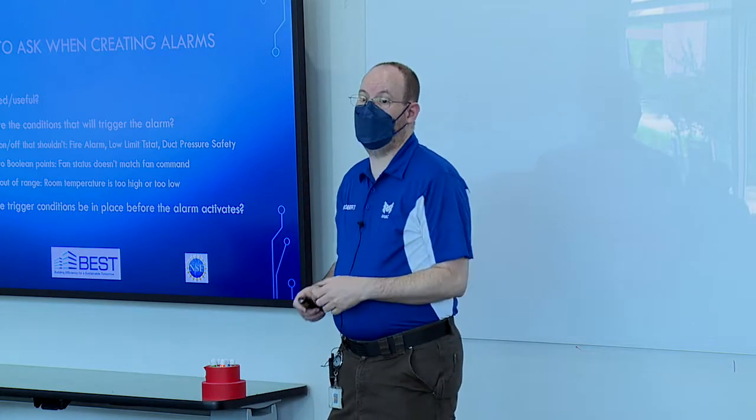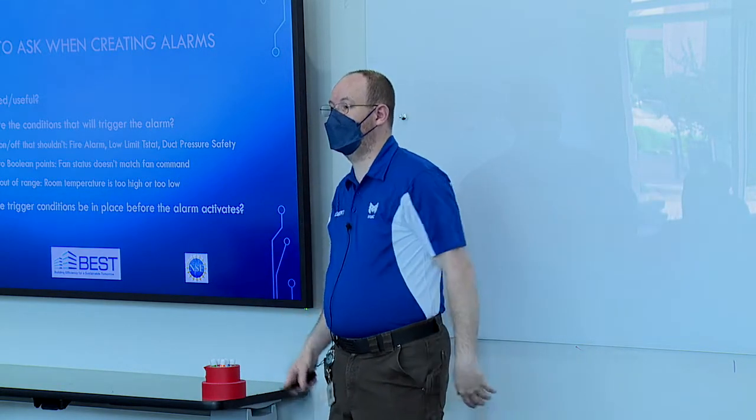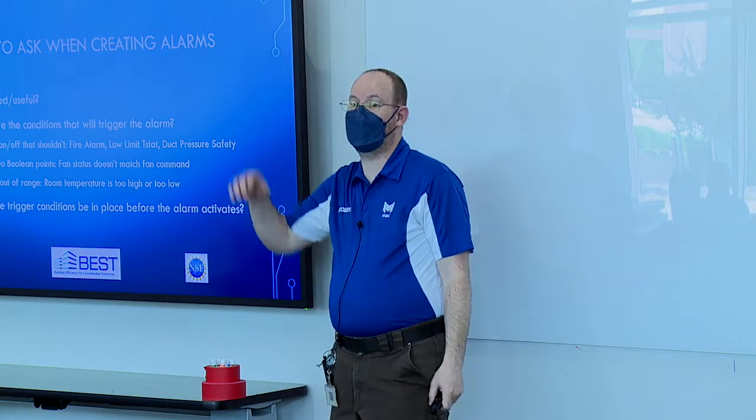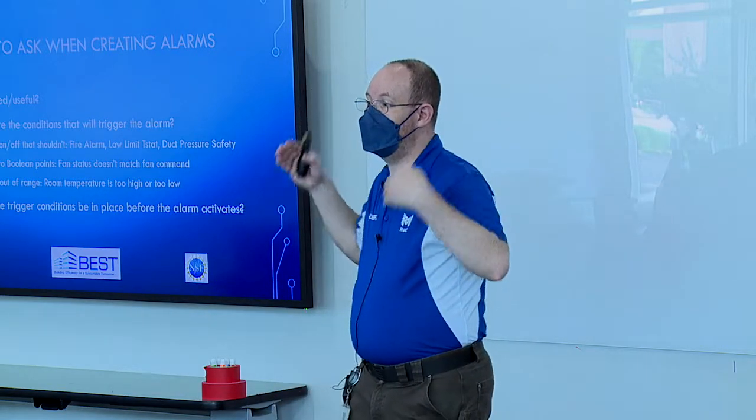But does it need to be an alarm? Right now, we just transitioned. Or should we give it 10 minutes or 20 minutes before we make that alarm active and go upset somebody? Again, prioritizing the operator's time.